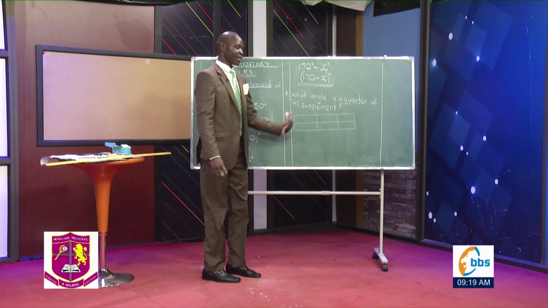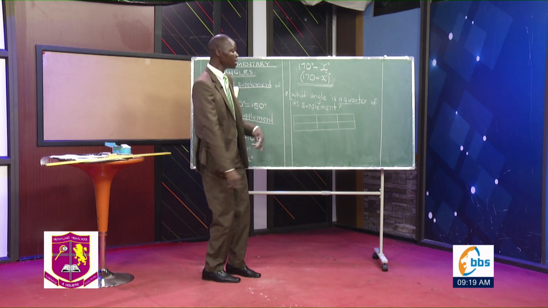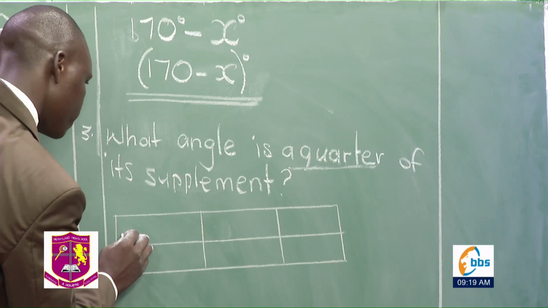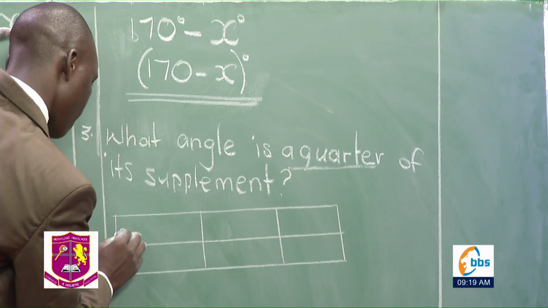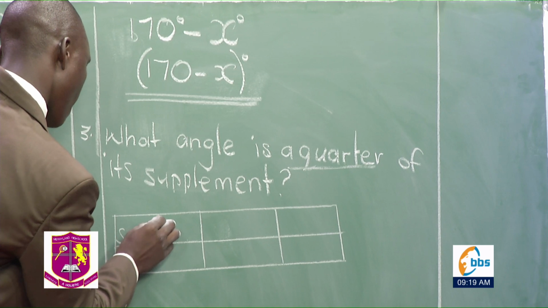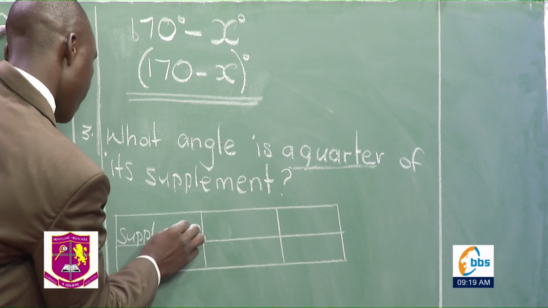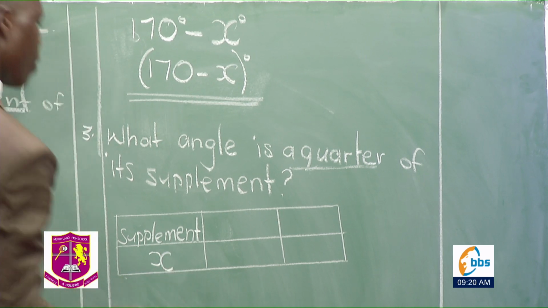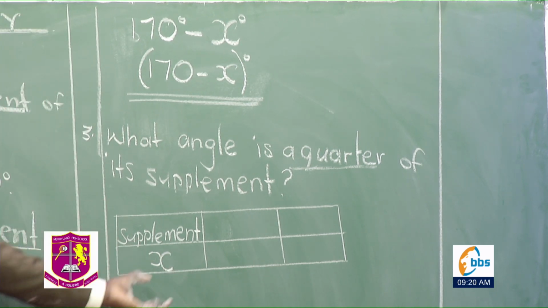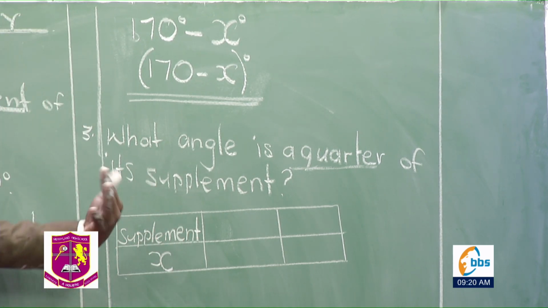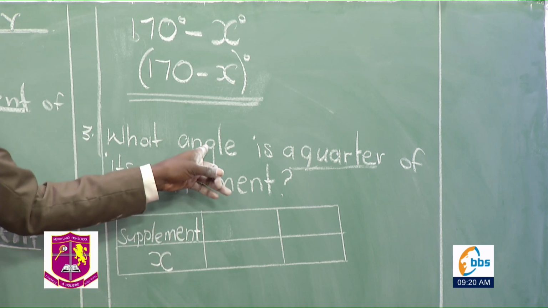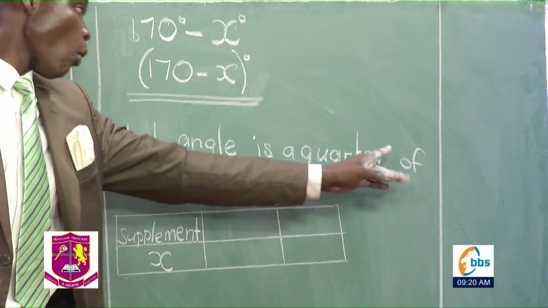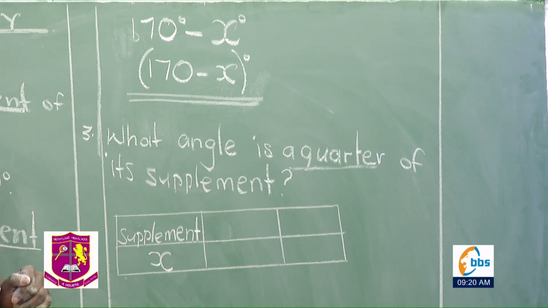So we shall say let its supplement be probably x. And once you know its supplement, it will be very easy for you to know that angle, because the angle is just a quarter of its supplement.